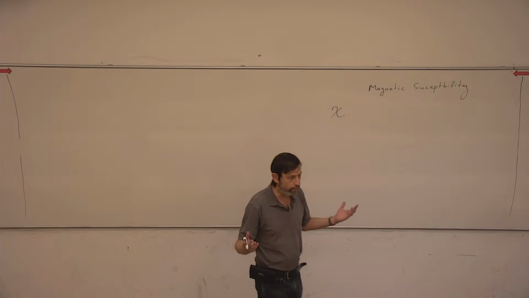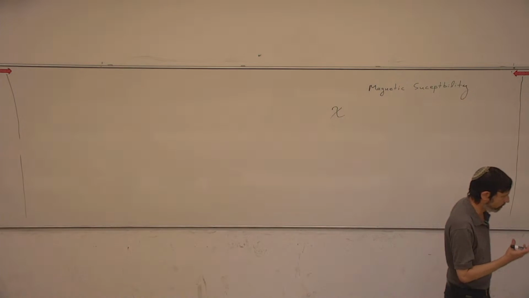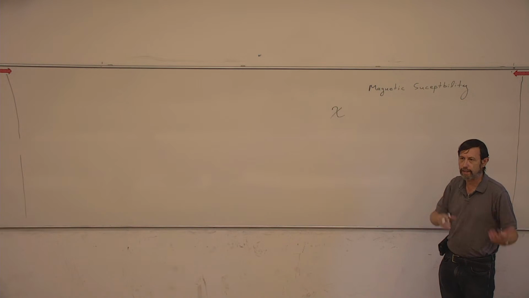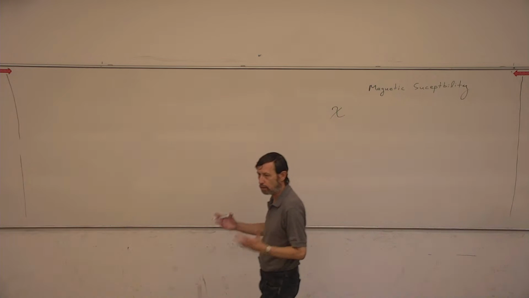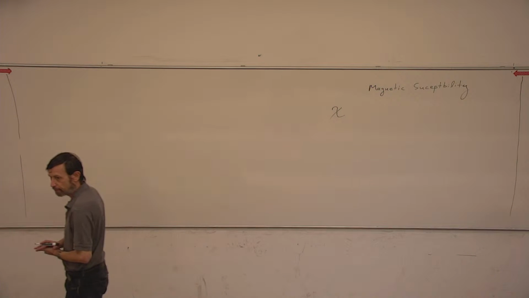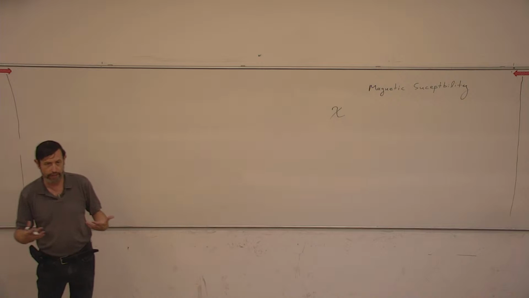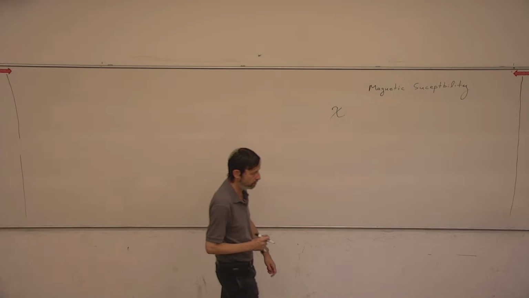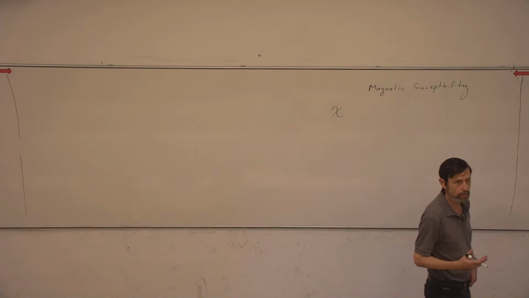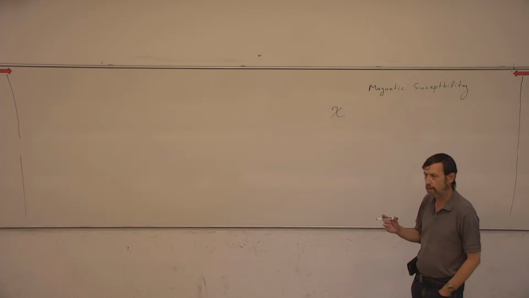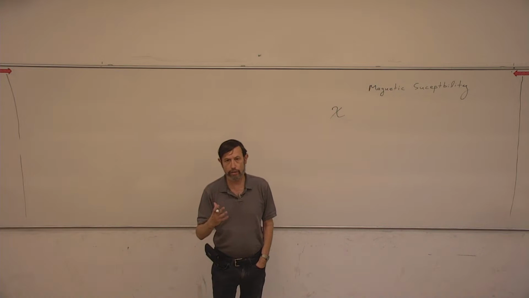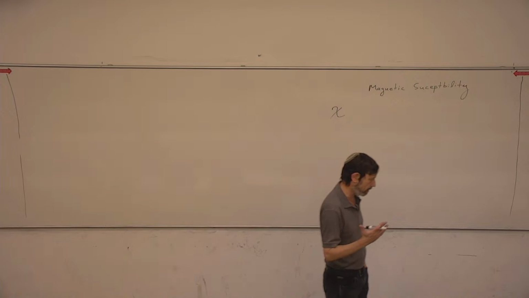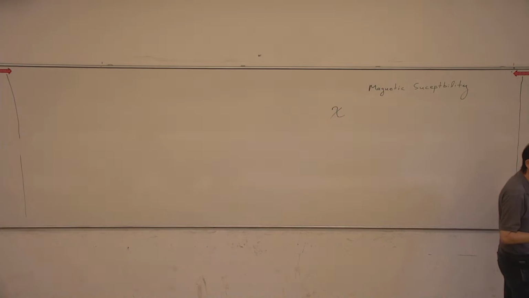There's a lot of different susceptibilities in physics, could be electric, anything that you turn on a field and ask what is the response is susceptibility, as long as the field that you turn on is relatively weak. So here we're talking about the case where we take a material and turn on a weak magnetic field and ask what is the response of the material to this magnetic field.